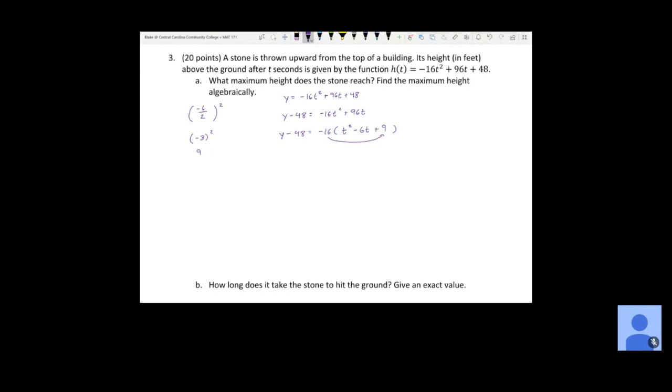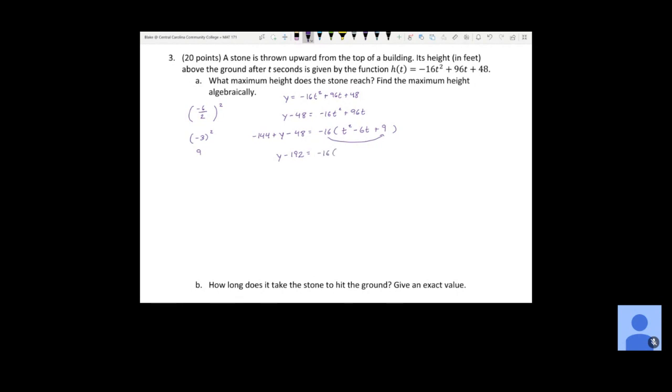That's after we combine it, right? So that should just give us negative 144. And so then we can combine like terms over here, right? So the negative 144 plus the negative 48, that's where we get the negative 192, right? So we have y minus 192 equals negative 16.